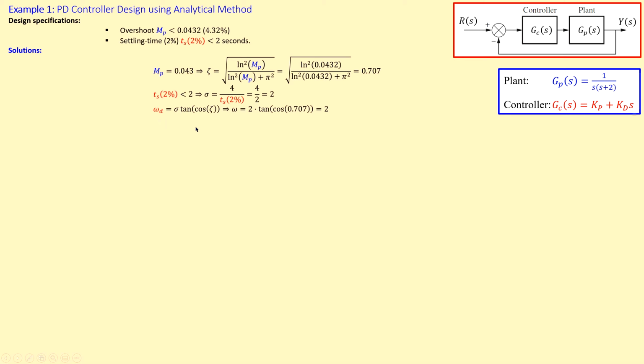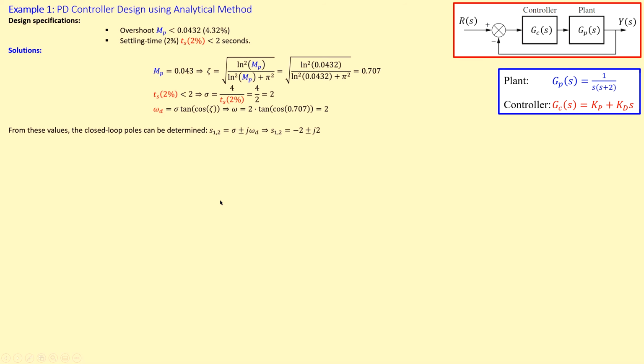Now, I also want my imaginary part, which is given by omega d, and omega d is equal to sigma times the tangent of the inverse cosine of the damping ratio. So I will first determine zeta, take the inverse cosine of that, and then take the tangent of that result. Omega d here is given by 2 times the tangent of the inverse cosine of zeta, which is exactly 2. So we have a 2 for the real part and 2 for the imaginary part, all in radians per second.